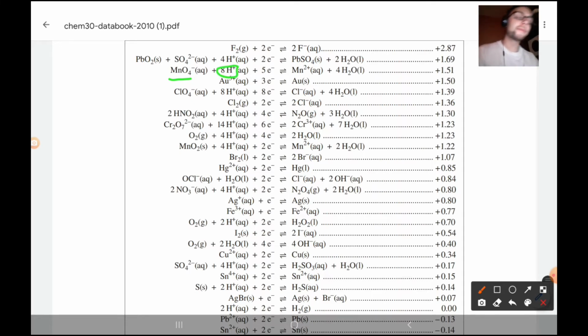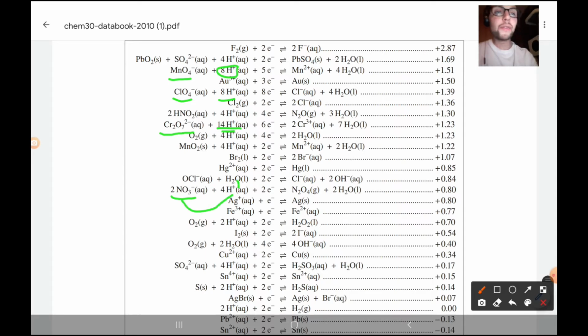And what that actually means is that MnO4- cannot act like an oxidizing agent by itself. And it's not the only one that has that as well. If you look at the perchlorate ions, they also need 8H+. If you look at dichromate ions, it also needs H+ present. And if I look at, for example, I was mentioning nitric acid, well, here it is, NO3- needs H+.